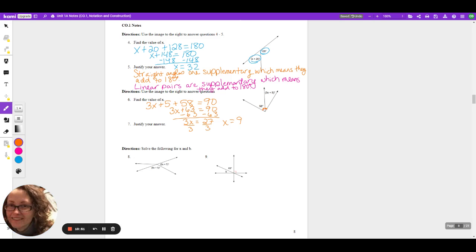My justification for this would be that right angles are complementary, or rather that I have complementary angles here, and those add to 90 degrees.